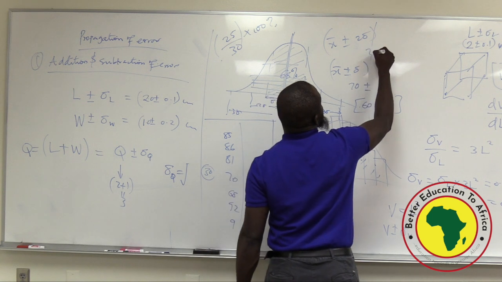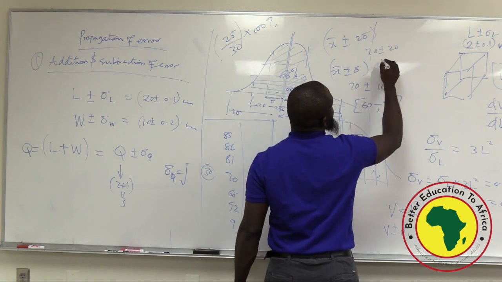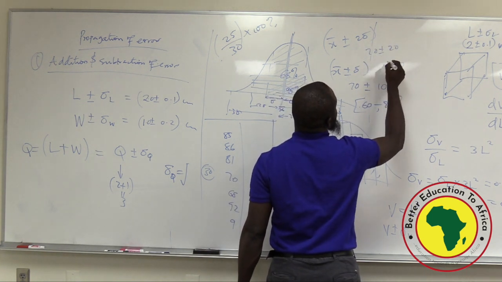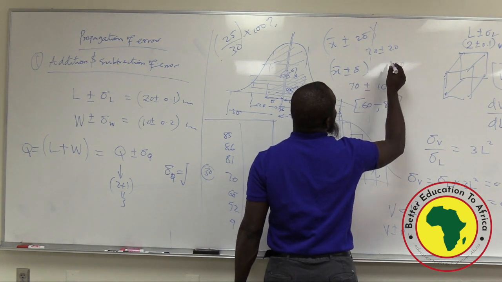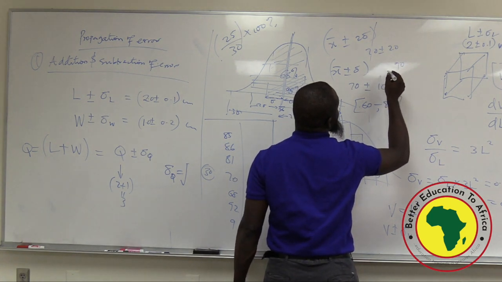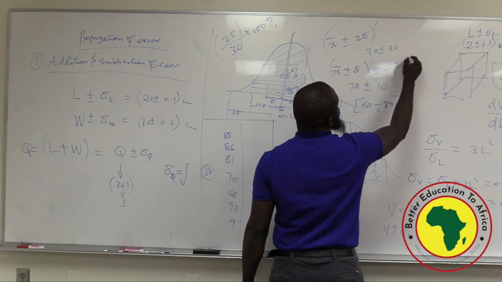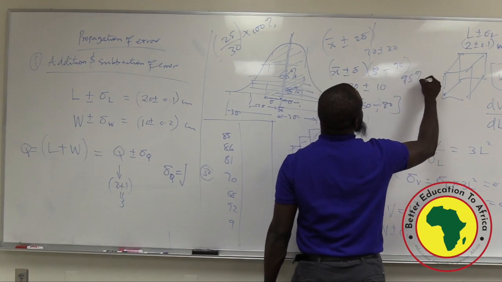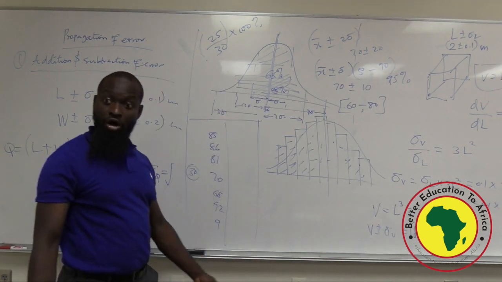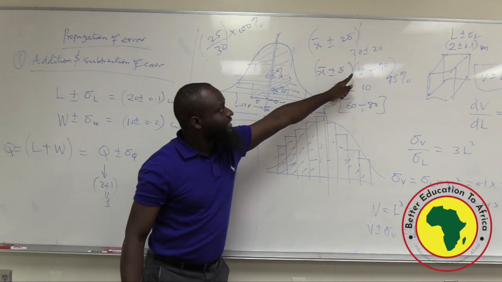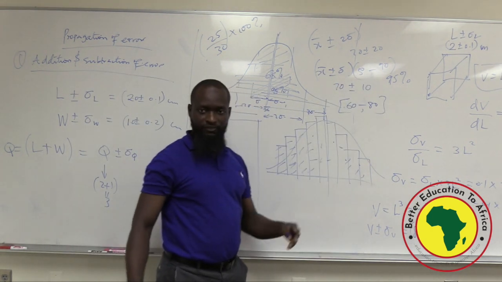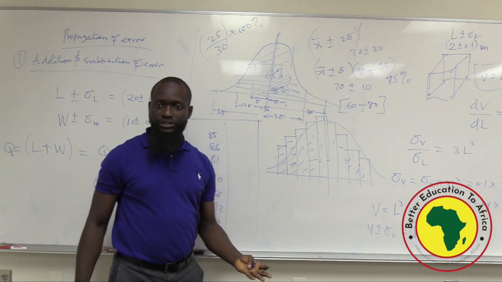That's going to be 70 plus minus 20, so 90 and 50. Check if 95%, which is almost all, fall between those scores, 50 to 90. That's another way to check for normal distribution.